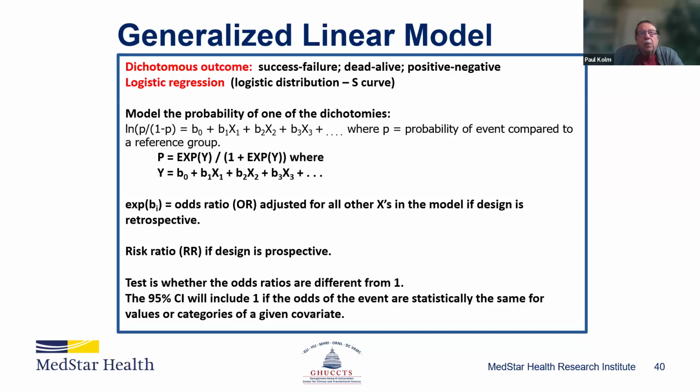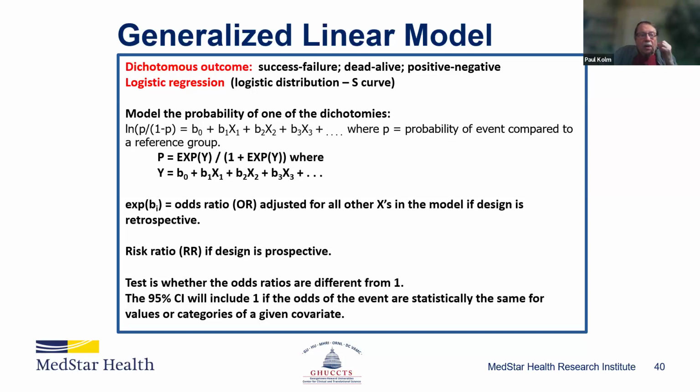And this is true, technically speaking, for a non-randomized study, or a retrospective study. If the design is prospective, then it's referred to as the risk ratio. And so basically here, the test is whether the odds ratio is different from 1. Because if the odds ratio is 1, that means that the probabilities are the same in each group.